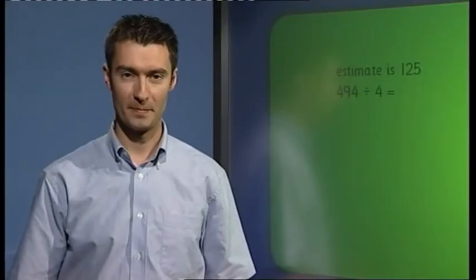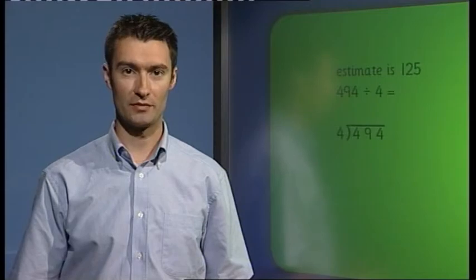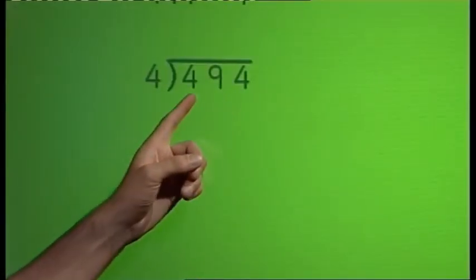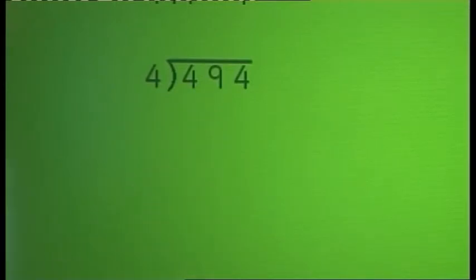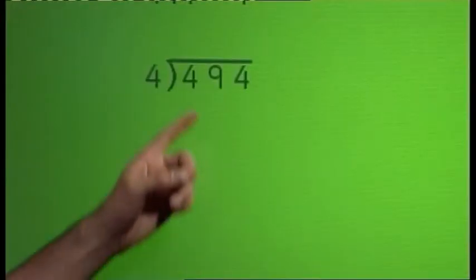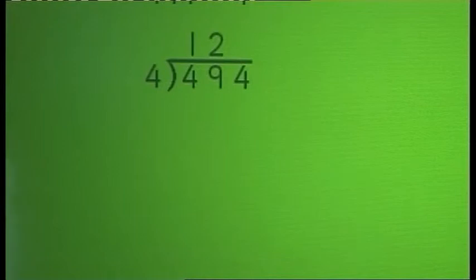Now let's see. We'll write the sum down in the short division way. We ignore the units. And how many 4s are there in 49? Well, maybe you know that 12 times 4 is 48. So there are 12 4s in 49. Write that in there. And remembering that the columns are very, very important.